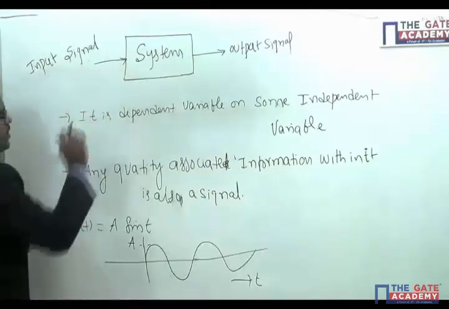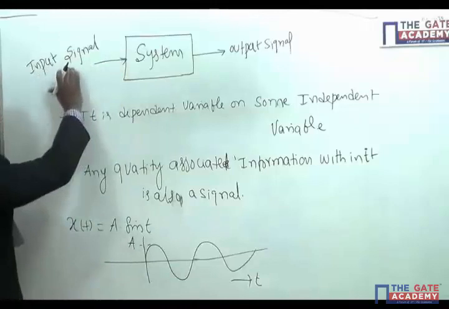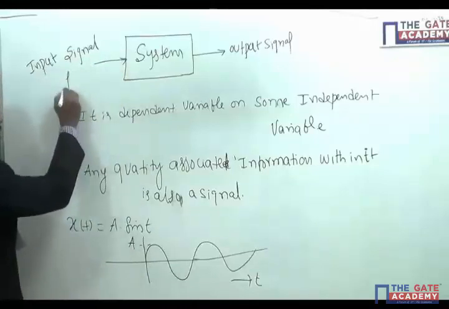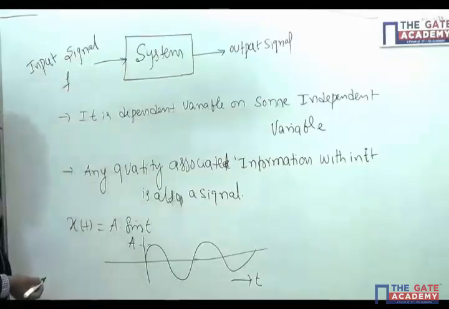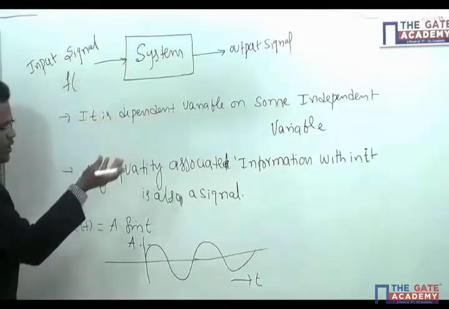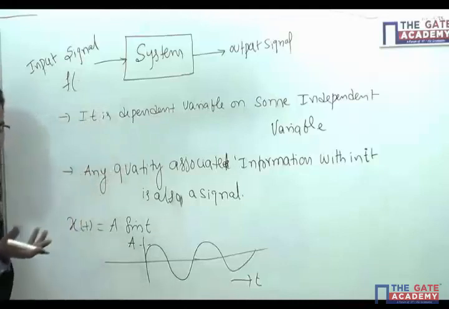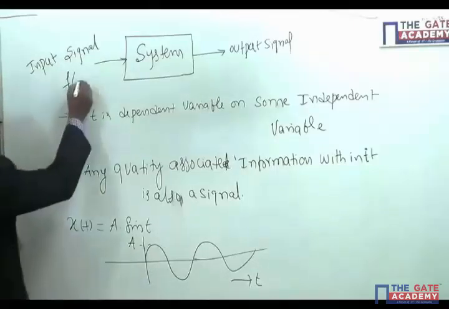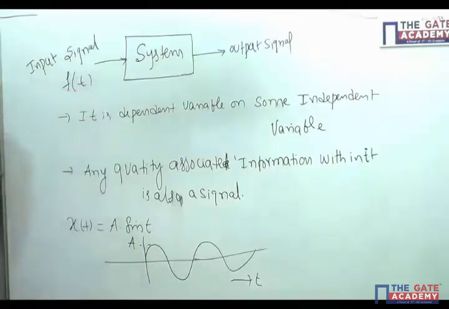Whether it is an input signal or output signal, I will represent the signals in terms of functions to analyze them. It is a function of either one independent variable or a number of independent variables. But in our signals and systems, we'll take the independent variable as time.